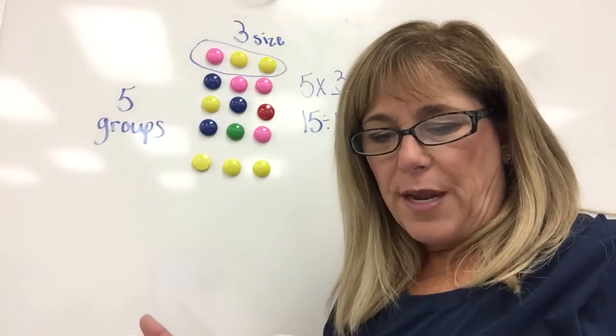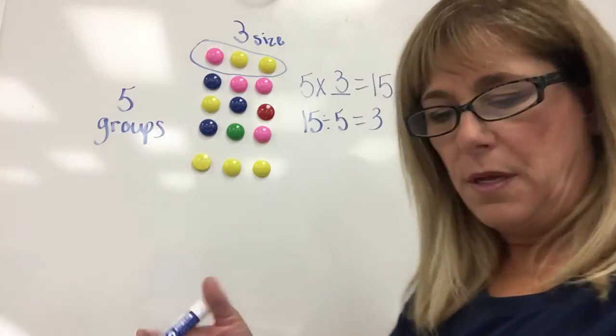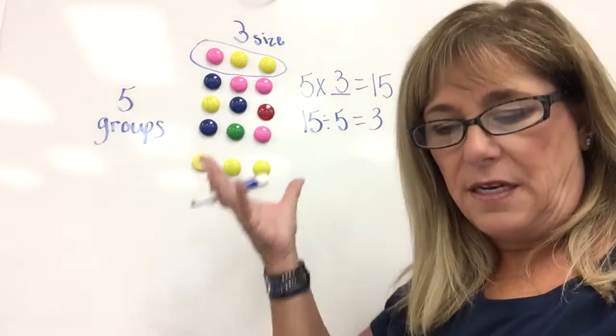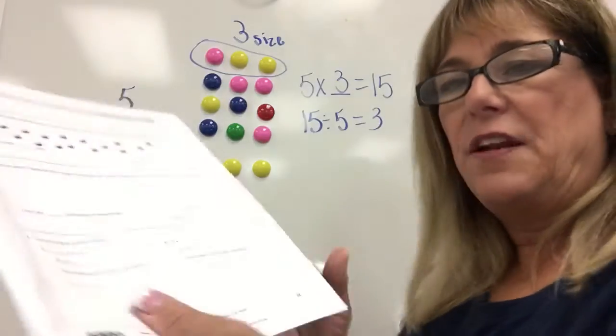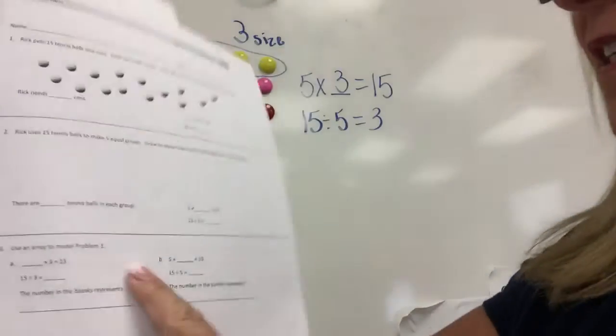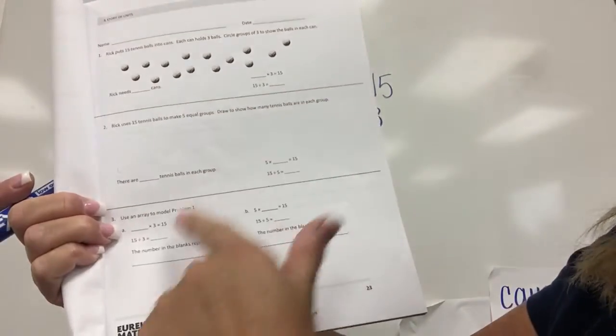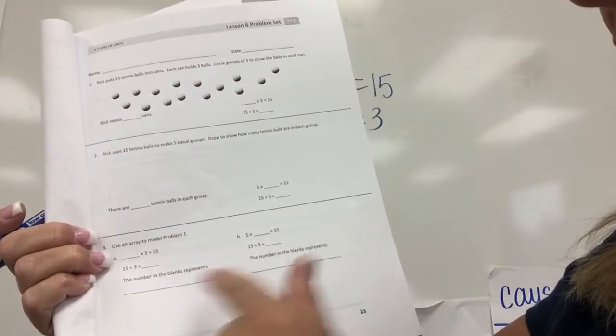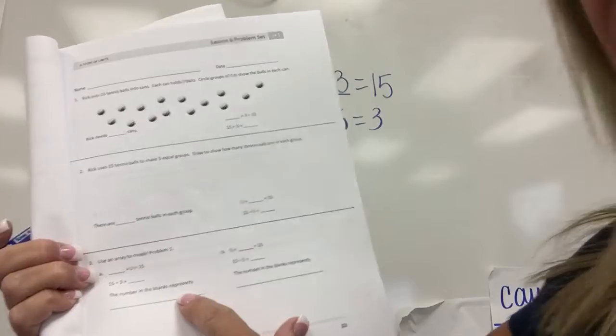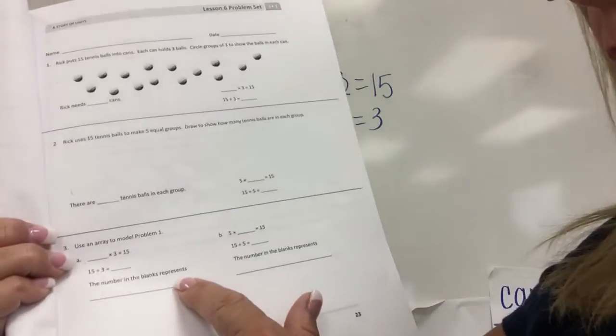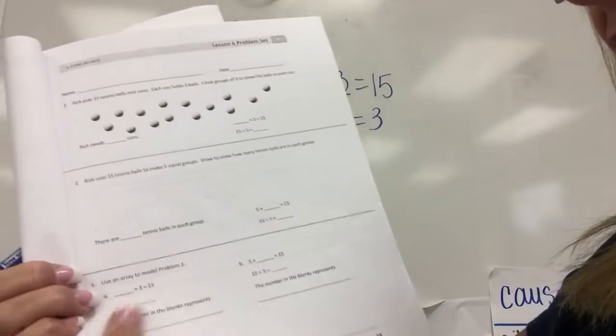Now it says use an array model to model problem 1. This is what we did. This is my array model. Then all you're going to do is fill in the blanks, and the problems up above help you fill in the blanks for this. Okay, let's see what this says. The numbers in the blanks represent.